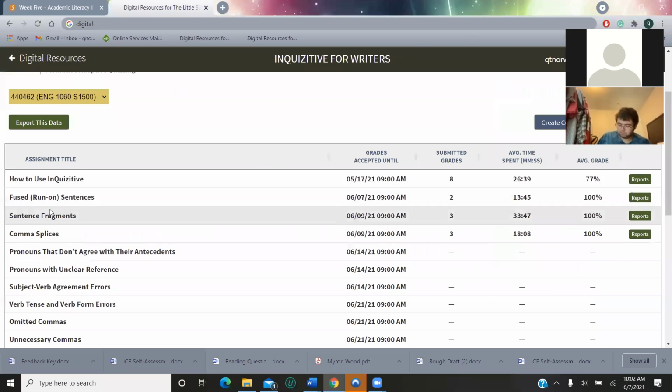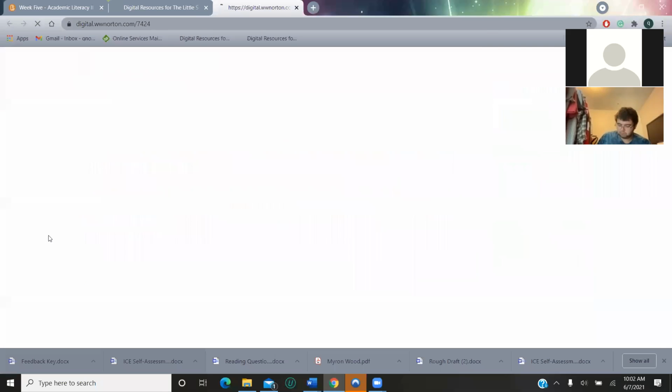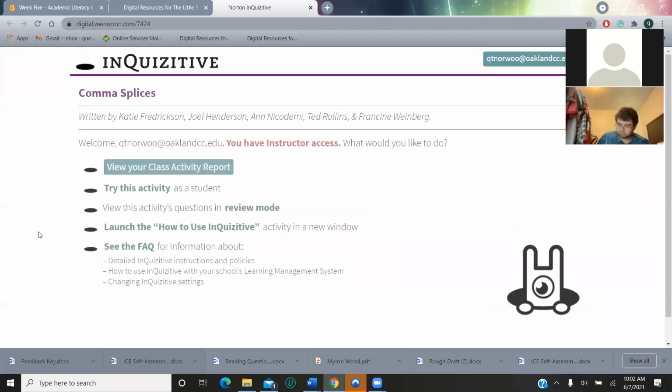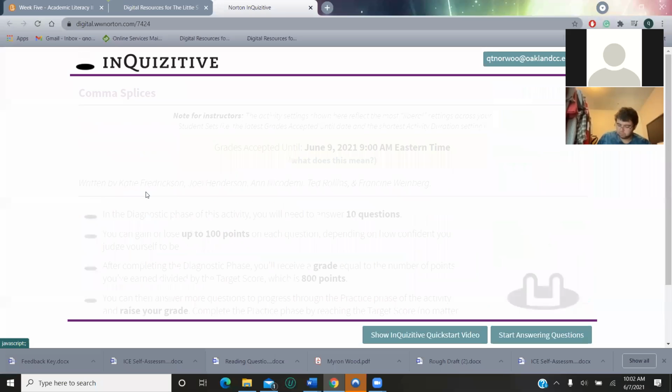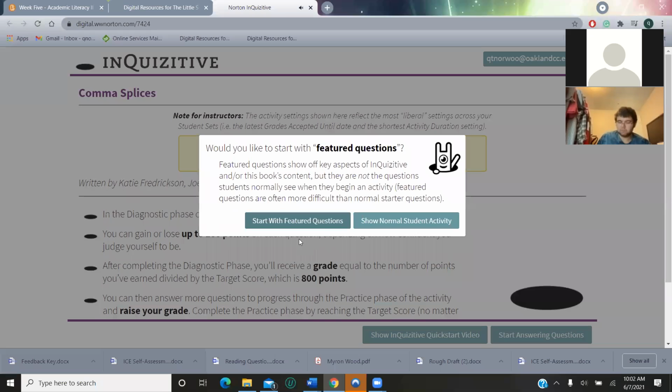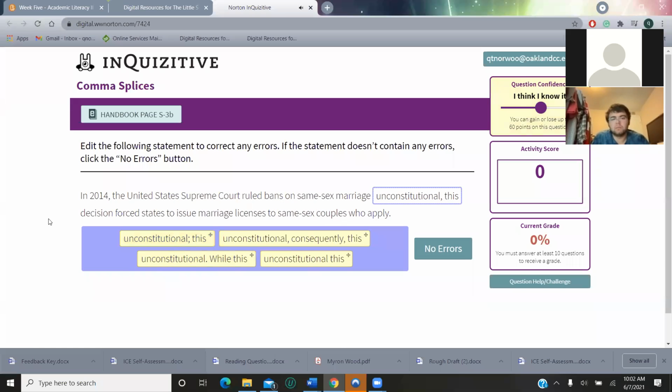Okay, so that one has been assigned, sentence fragments, and then here's one, comma splices. The format's the same. Semicolon, here's a comma, all this good stuff. 2014, the U.S. Supreme Court ruled bans on same-sex marriage unconstitutional.